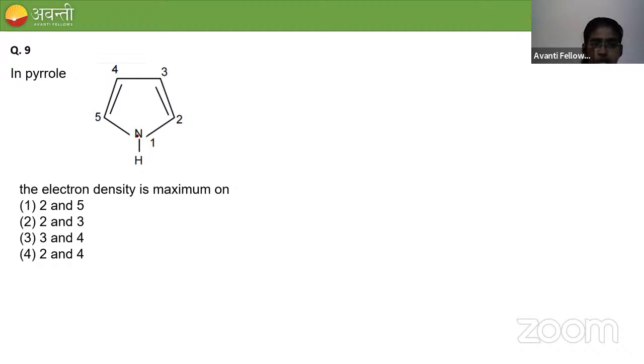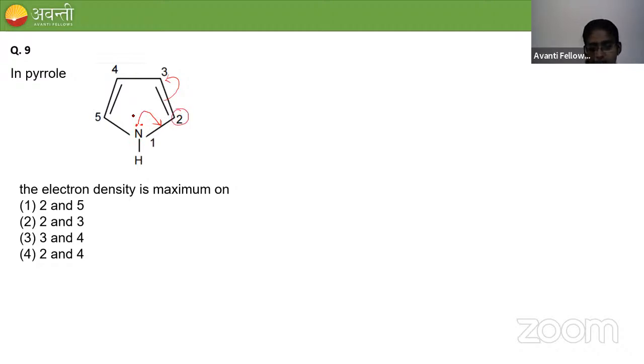So nitrogen is having 3 bond pair, and the valence electron for nitrogen is 5. 3 electrons are already bonded, and we have 2 electrons present here as lone pair. And this lone pair shifts here, and the pi electrons will go here. So resonance occurs basically. When it goes here, the electron density on the second carbon increases.